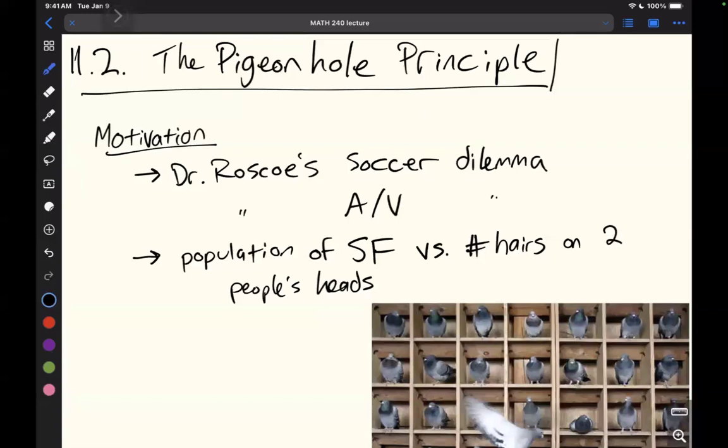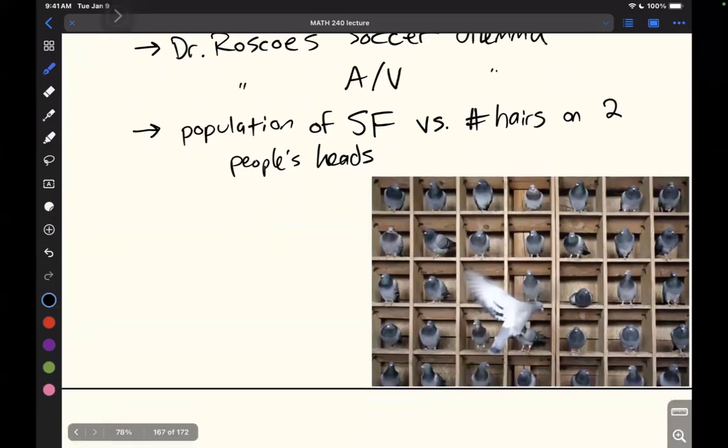And so the problem is that all 6 people who want to go to the soccer game cannot fit in my car. This is an example of something called the pigeonhole principle. And the idea is, so these are a box of pigeonholes. So it's like a grid, and each pigeon gets to roost in its own hole.